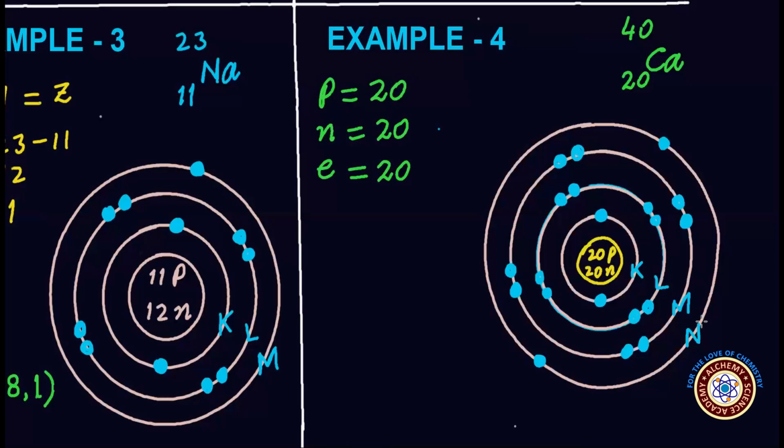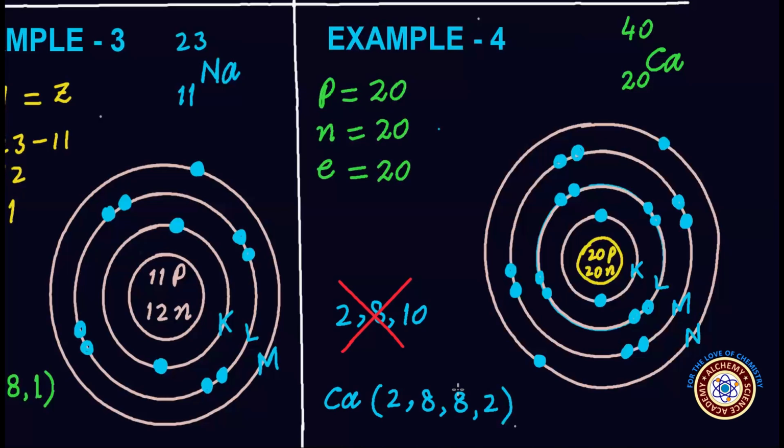So the electronic configuration of calcium would be 2, 8, 8, 2 and not 2, 8, 10. This 2, 8, 10 electronic configuration is not possible because this electronic arrangement does not give extra stability to the atom. So the electronic structure of calcium atom would actually be 2, 8, 8 and 2.